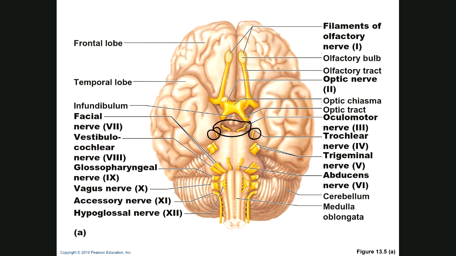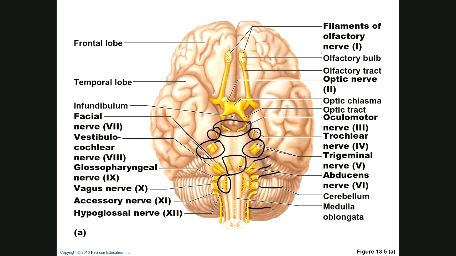Then we have mixed, the trigeminal, motor again, abducens, number 6, mixed, number 7, facial, number 8 is vestibulocochlear, and that one is sensory, number 9, glossopharyngeal, and that's mixed, vagus, number 10, that's mixed, and then we end with 2 motors, the accessory nerve, and the hypoglossal.